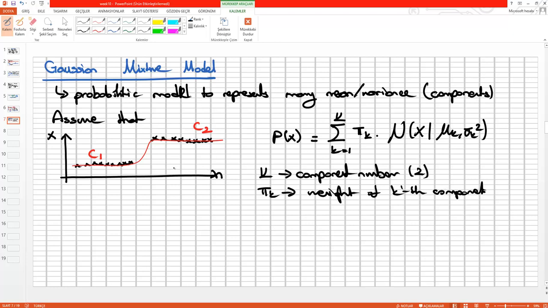For example, if we have 25 data in here and 75 data, these are the x values. What are the values of Pk? We have a total of 100 values, so for the first class P1 is equal to 25 divided by 100.